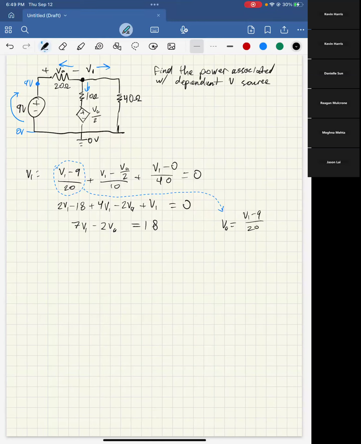Then we can plug that in: 7V1 minus 2 times V1 minus 9 over 20 is 18. Let me make sure I'm doing all this correctly.